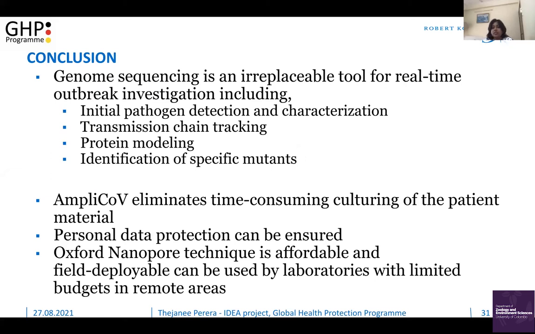Also, the amplicon approach eliminates time-consuming culturing of the material, it ensures personal data protection, and it is a very affordable and field deployable technique. It can be used by laboratories with limited budget in remote areas. That's why this is a very good method to use in our labs in developing countries.